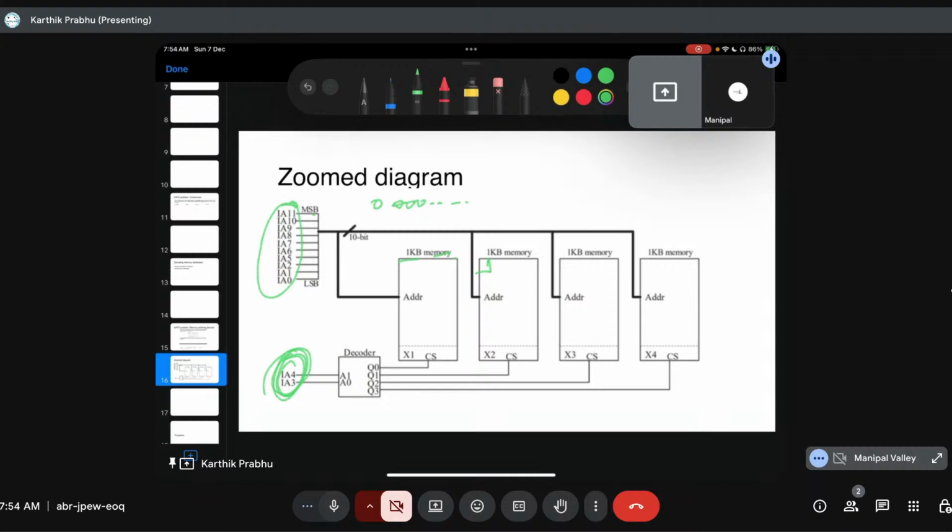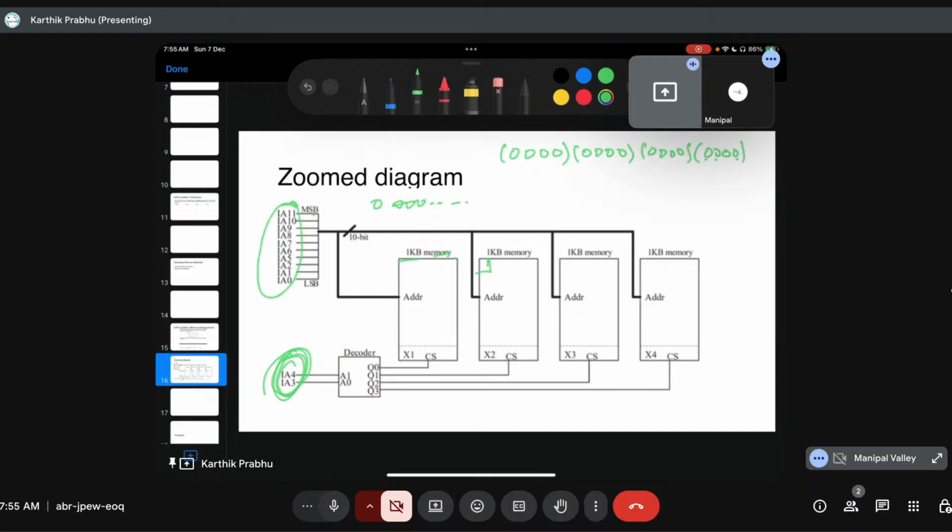So if I took some address, let's say all zeros, let me make it simple by putting it as blocks of four zeros: 0000 0000 0000 and so on. This is IA0, IA1, IA2, IA3, IA4, and so on.